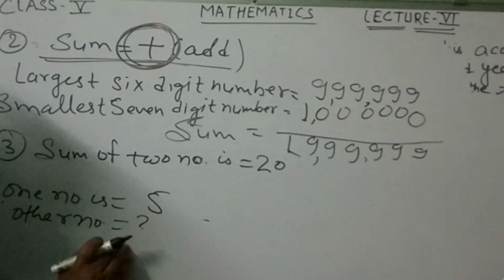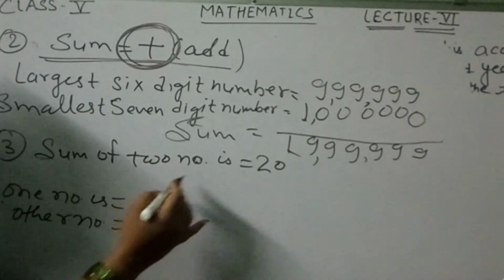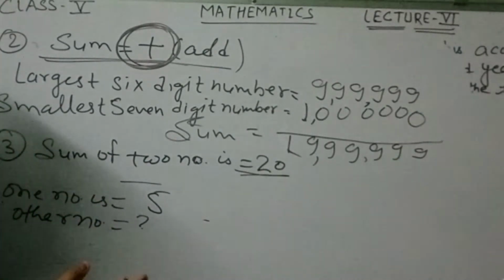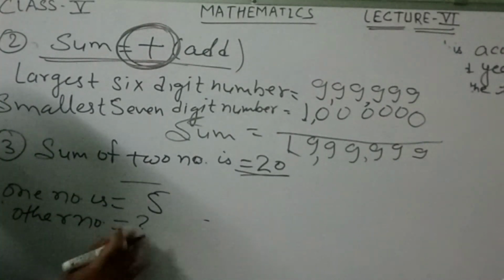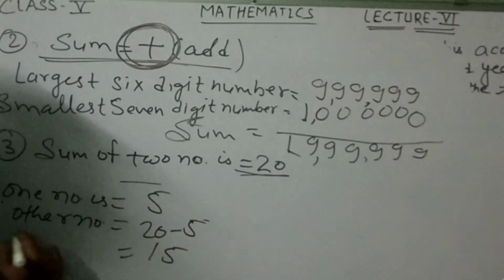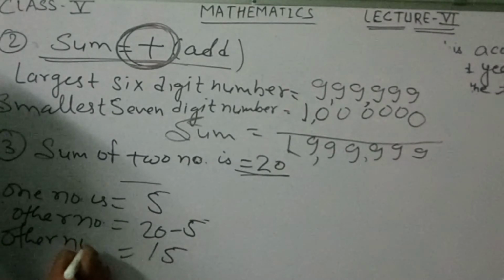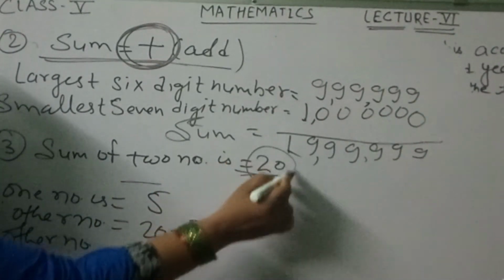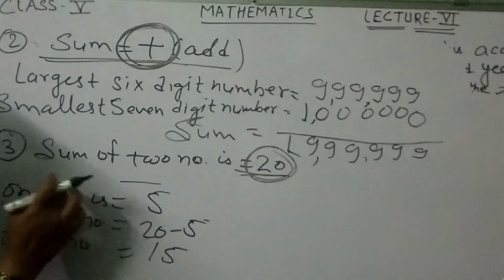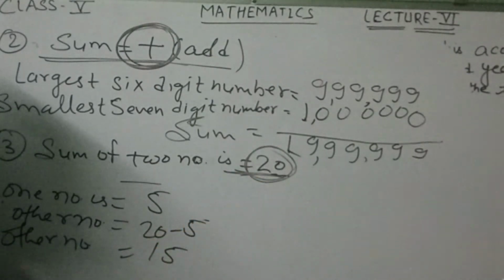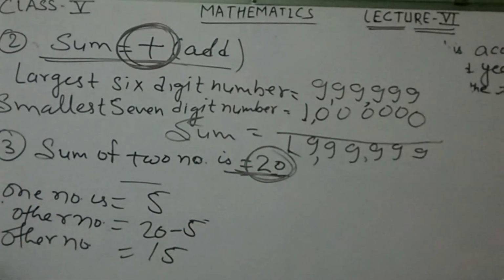Then what do we have to do? We have to subtract the 5 from the total. Then we can easily get the answer. That means the other number is 20 minus 5, that means 15. And you can check both numbers: 15 plus 5 is 20. That is the total number. If you add both numbers, the first number and the second number, it will be equal to the sum. Okay. In this way, we can easily solve the statement sum.